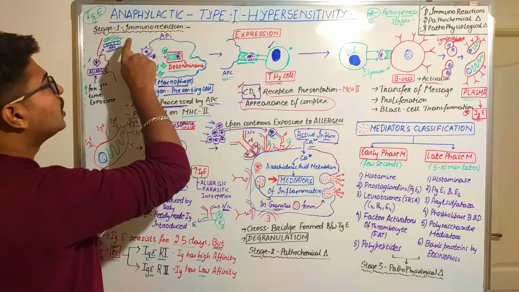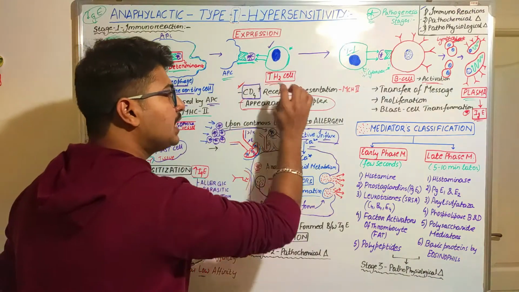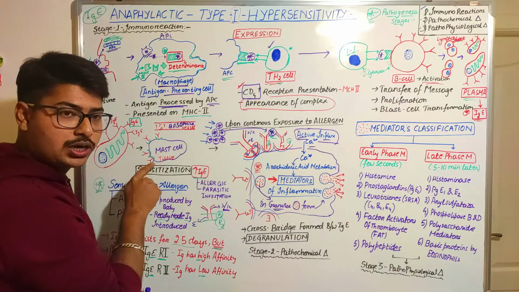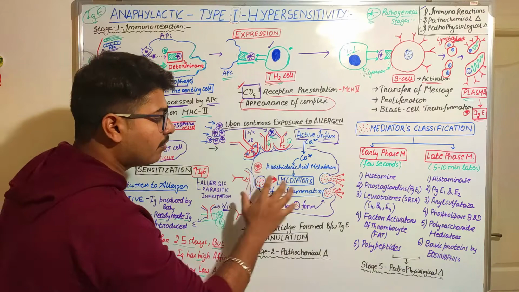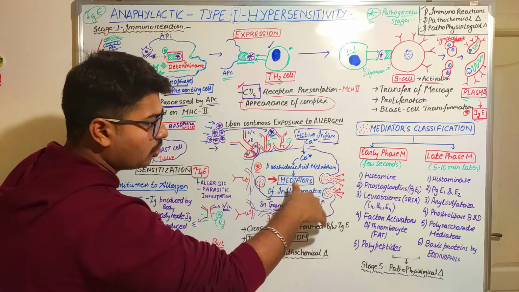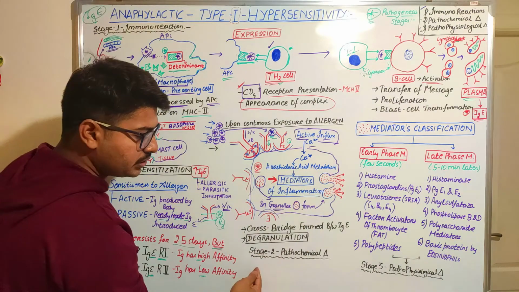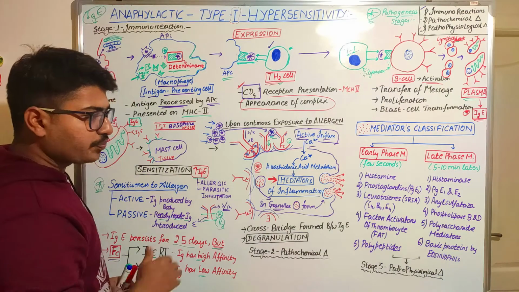First one was the immunoreaction: how the immune cells like T cells and B cells react and produce the antibodies. Then the sensitization, and after the sensitization, how the antibodies or the mediators are produced from the mast cells, leading to stage 2 of the pathochemical changes.